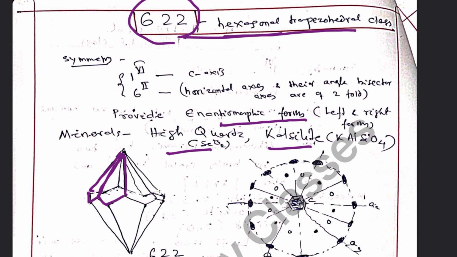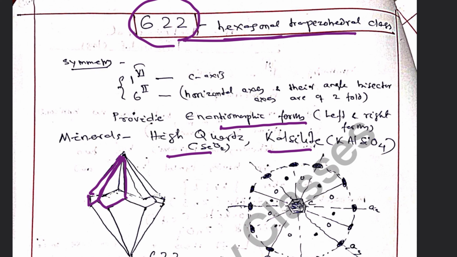And so centrally we have one axis of 6 pole symmetry, then we have 3 axes of 2 pole, these are the axial ones, representing 2 pole symmetry, and bisecting them we have another 3 axes.